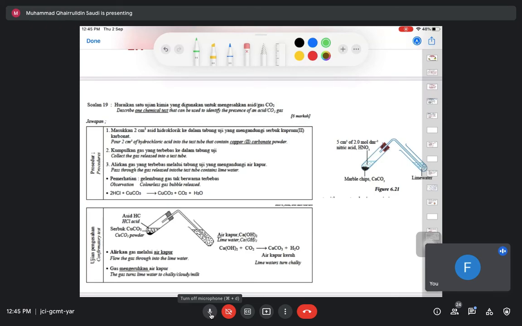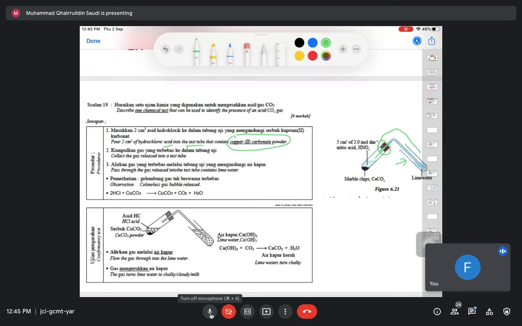So first we pour 2 cm cube of hydrochloric acid into a test tube and then we add copper 2 carbonate powder. Okay, and then how are we going to collect? And then we put a delivery tube. This is called delivery tube. We put a delivery tube with a stopper quickly so that the gas product can be transferred from this test tube to another test tube.